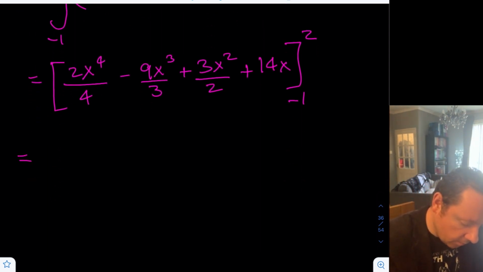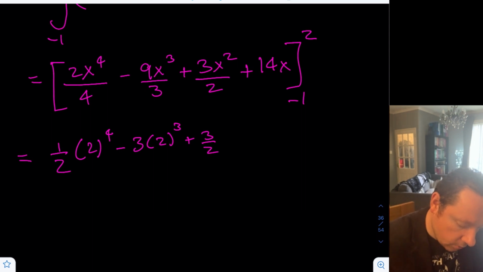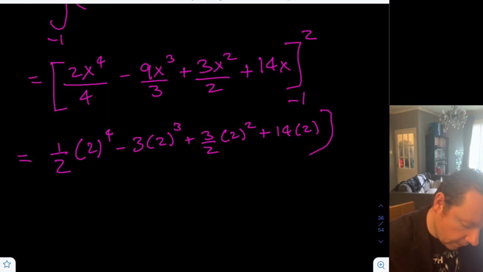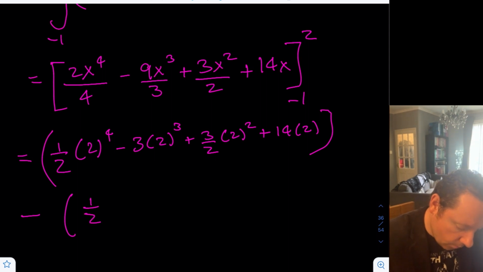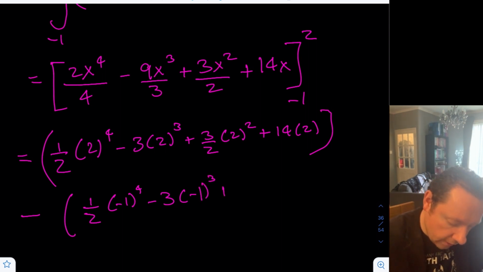So tidying this up, that's a half of 2 to the power of 4. 9 divided by 3 is 3, so that's minus 3 times 2 cubed, plus 3 over 2 times 2 squared, plus 14 times 2, so that's our first one, big brackets around it, minus our second one, so that's a half, minus 1 to the 4, minus 3, minus 1 cubed, plus 3 over 2, minus 1 squared, plus 14 times minus 1.